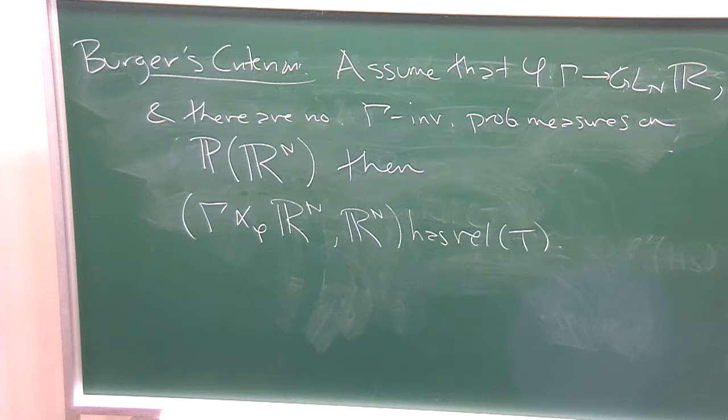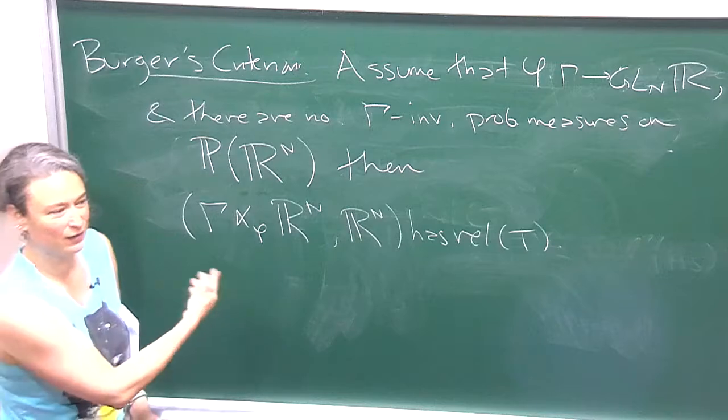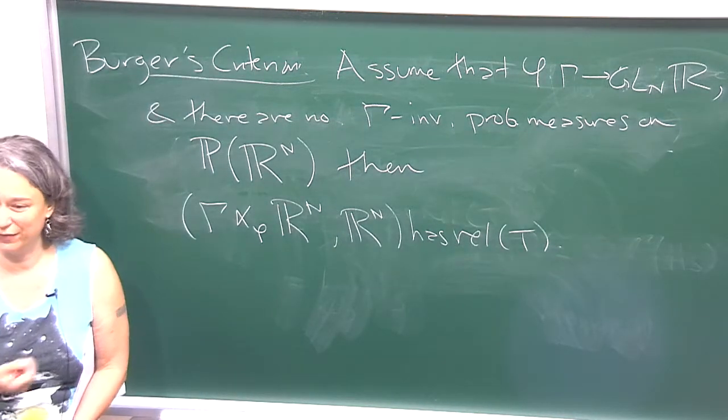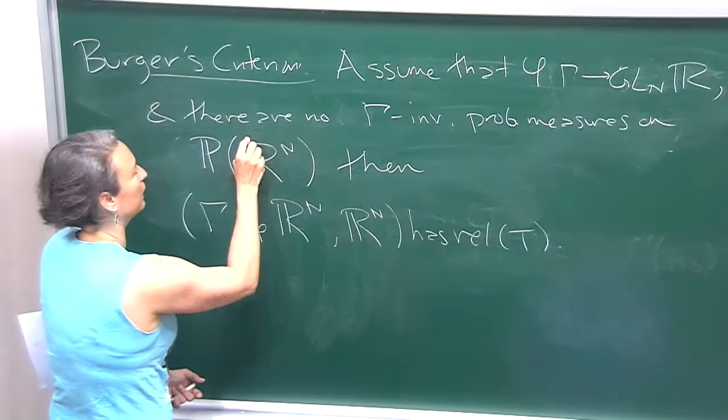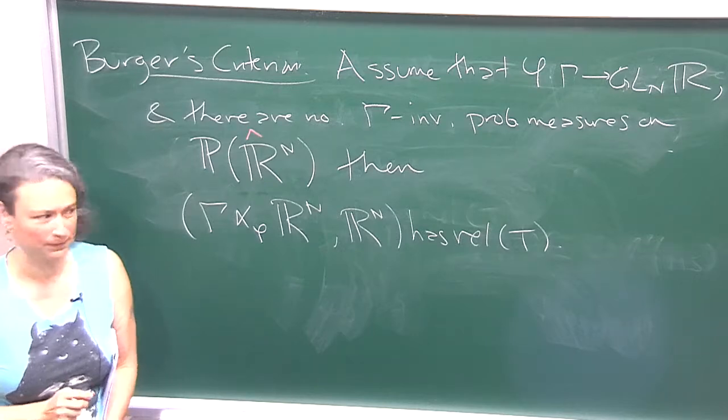Well, what is relative property T about? It's about unitary representations, right? So this here doesn't appear to have anything to do with unitary representations, and that's exactly the lie that I omitted. What I need to put here is the unitary dual of Rn. Okay?